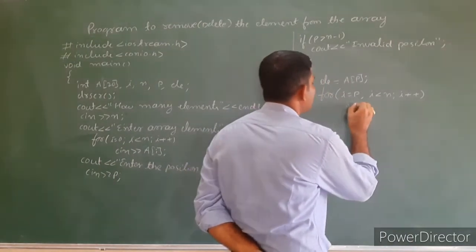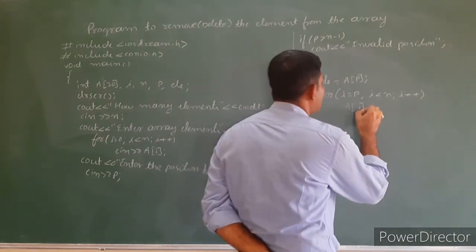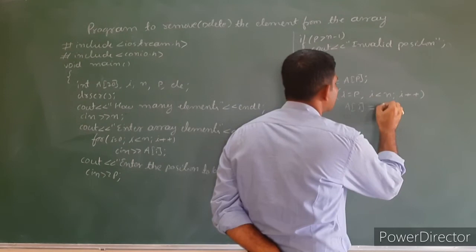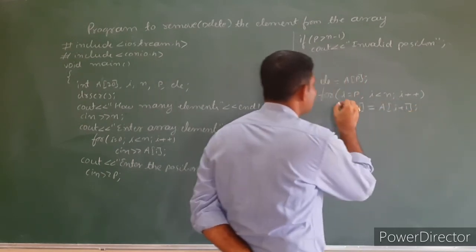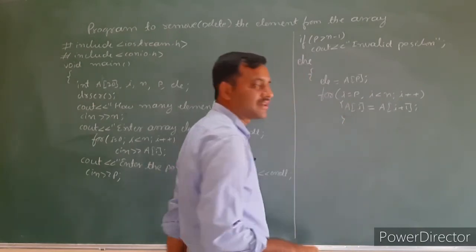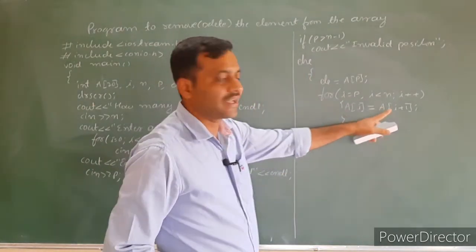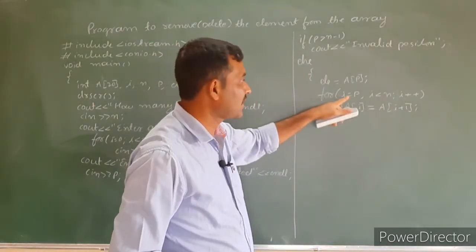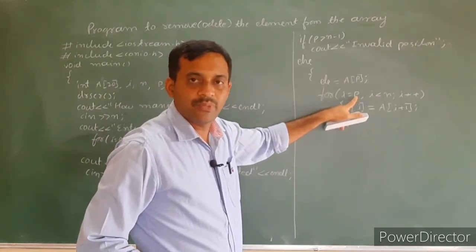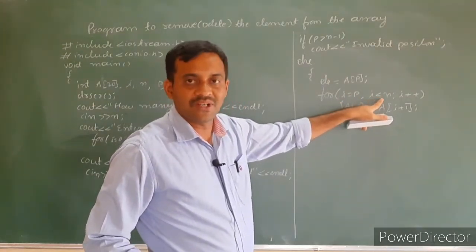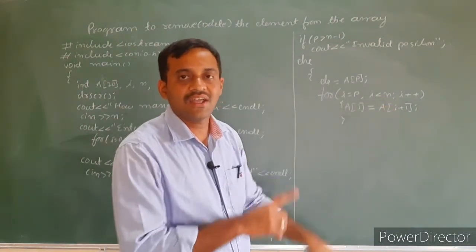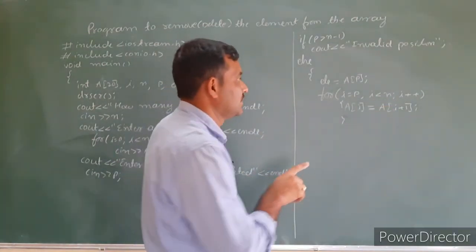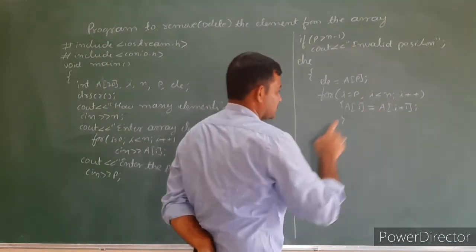At the same time, a of i value is equal to a of i plus 1 value, we have to override the elements. How to override? a of i equals a of i plus 1. What is the value of i? Initialize with p up to n elements. Hence, it accesses all the array elements one by one, i plus plus.